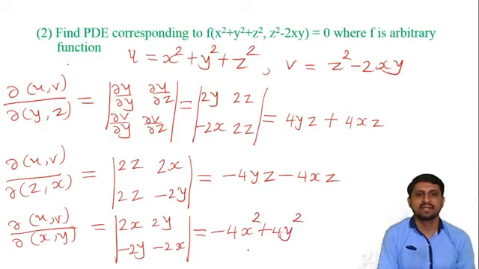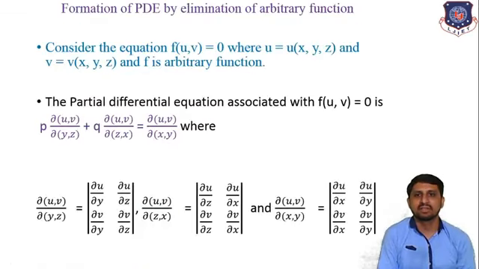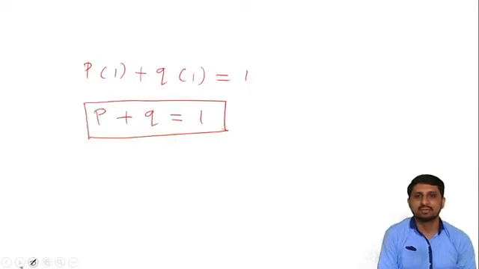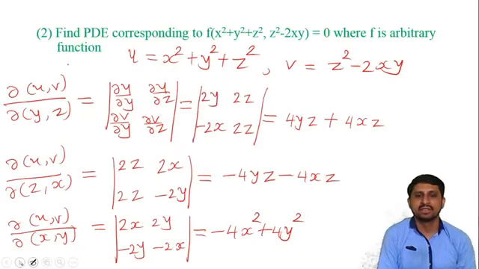Easy to understand? Okay. Now I'm putting all these values in equation number 1. This is our equation: P into del u v by del y z plus q into del u v by del z x is equal to del u v by del x y. So I'm writing all these values in that equation.